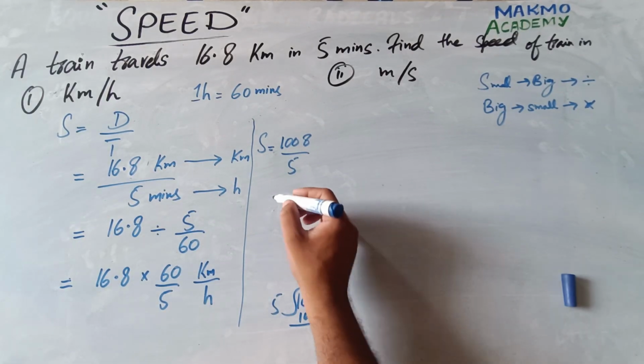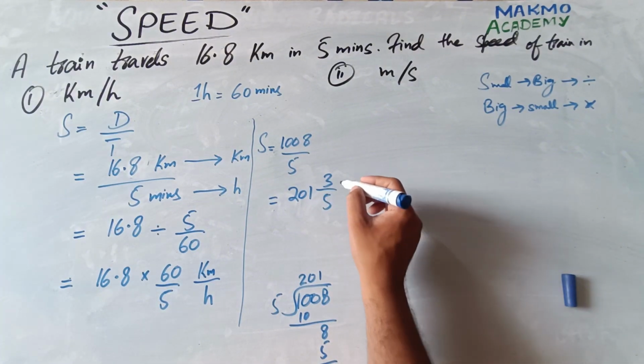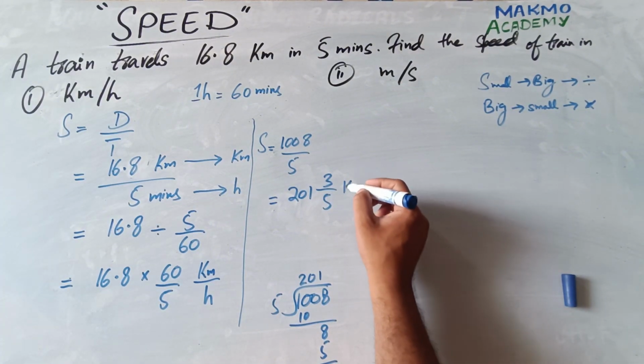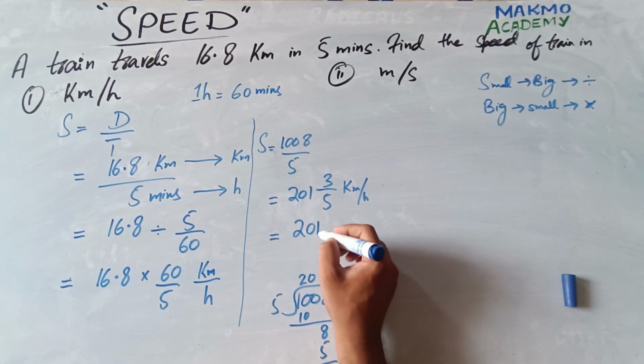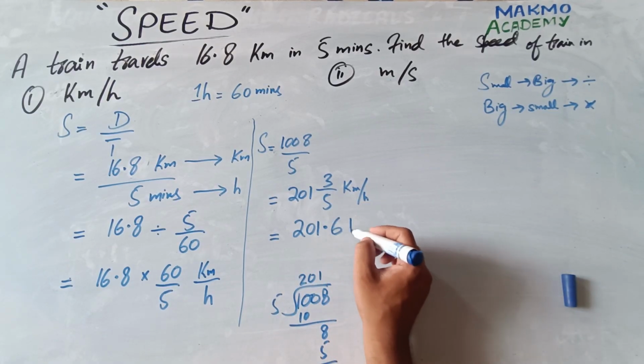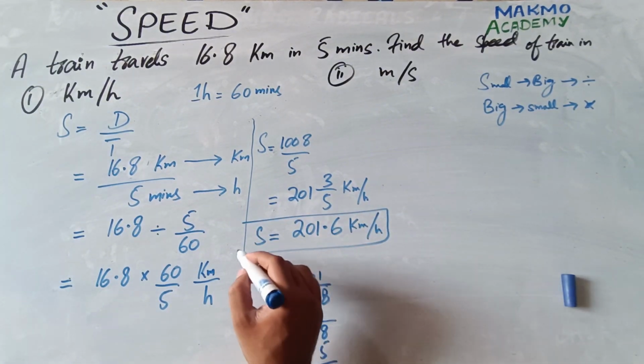So the final answer is 201 whole 3 by 5 kilometers per hour, or in decimal if we divide it completely. So this is the required answer in speed.